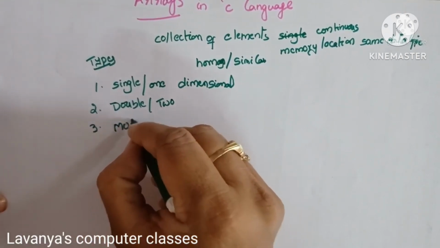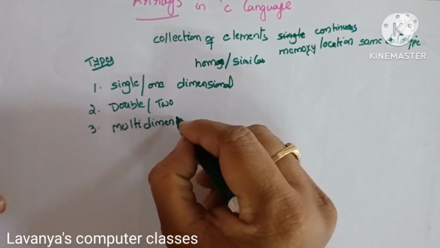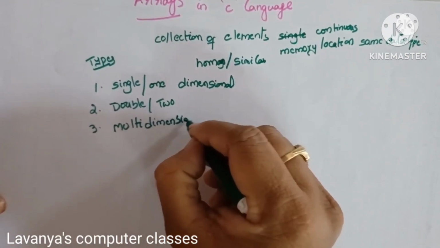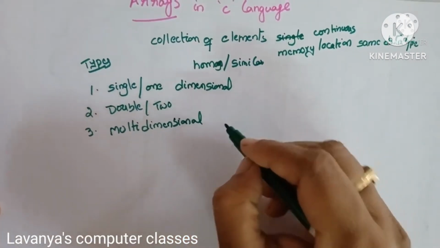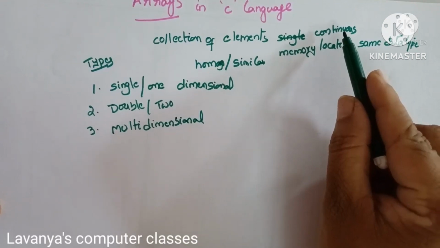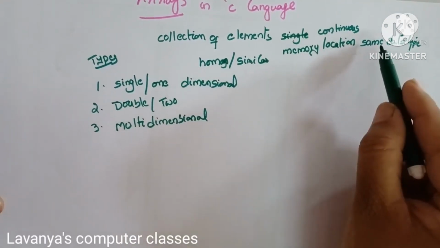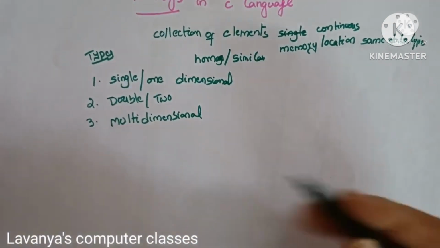Third one is multi-dimensional array. These are all the types of arrays. Now we will explain one after another. An array is a collection of elements, all belonging to the same data type and stored in continuous memory locations.